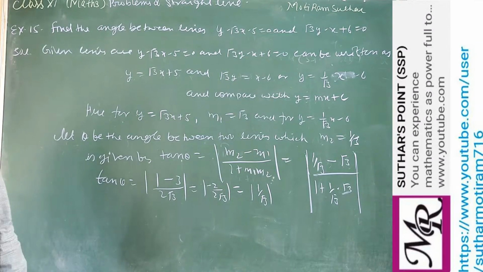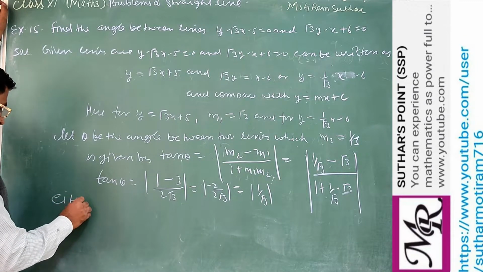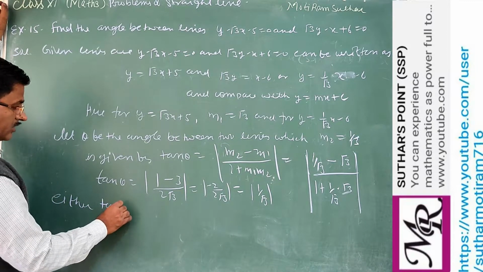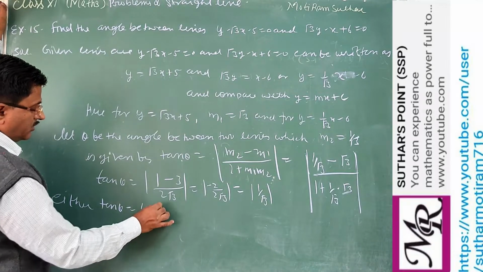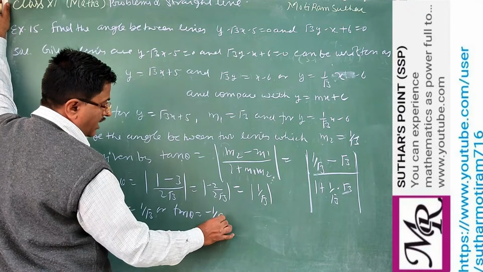So now we can take the mod in two forms. Either you take plus 1 by root 3, so you can write either tan theta equal to 1 by root 3 or tan theta equal to minus 1 by root 3.